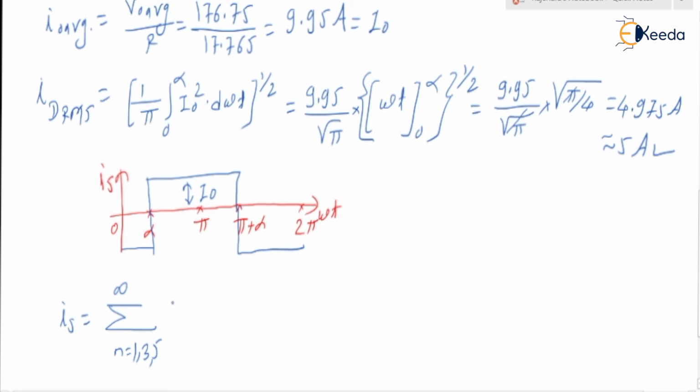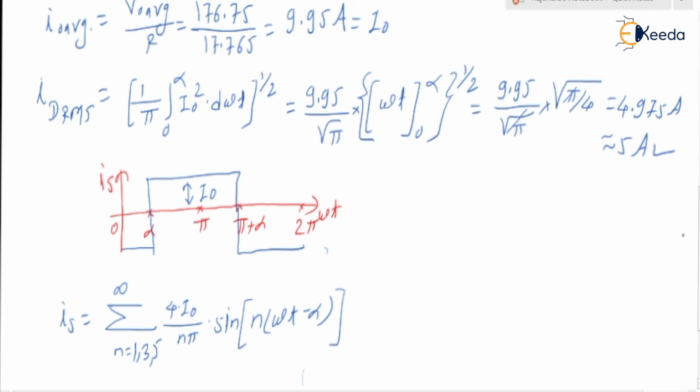And the expression was 4 into I0 divided by n pi, into sine of n into omega t minus alpha, right? This expression we already discussed.